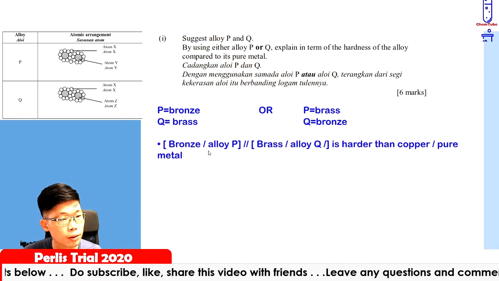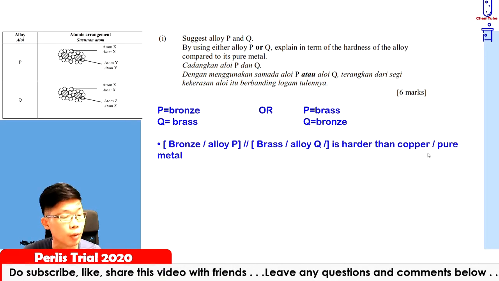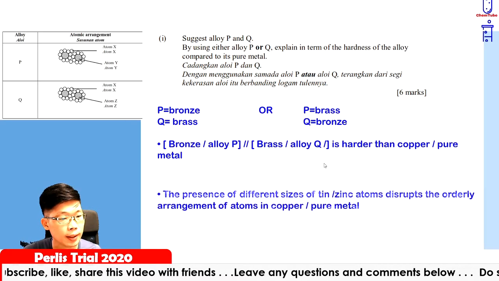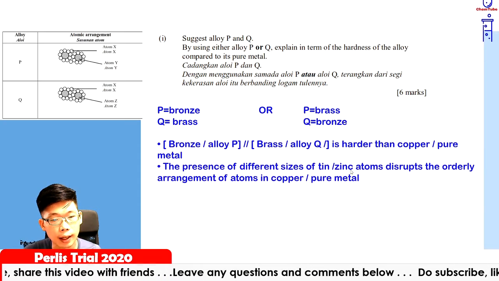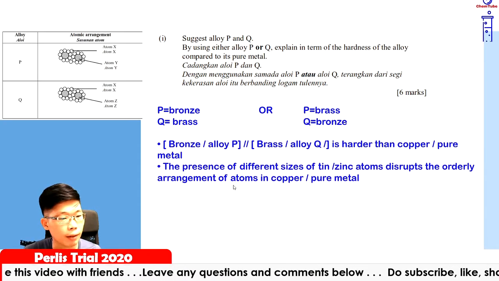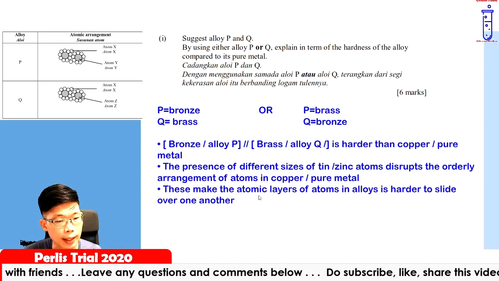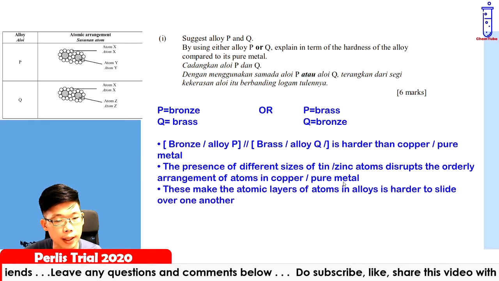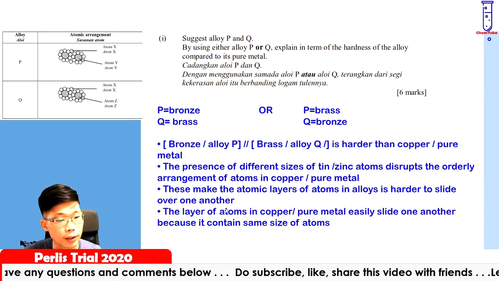So bronze, okay, is harder than copper. Its pure metal is copper. So the presence of different sizes of the tin atoms disrupts the orderly arrangement of the atoms in the copper. So this makes the atomic layers in the alloy harder to slide over one another when the force is applied.